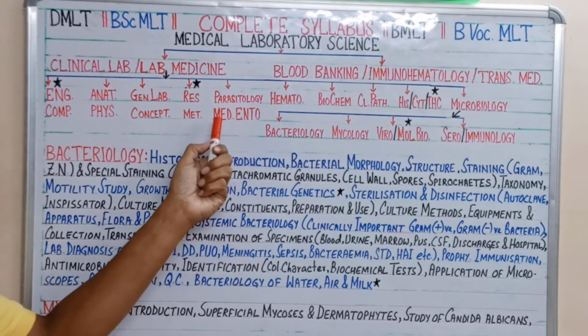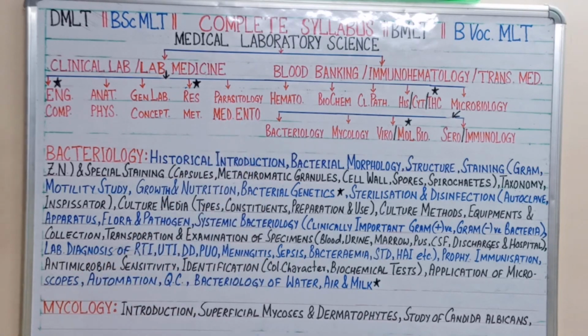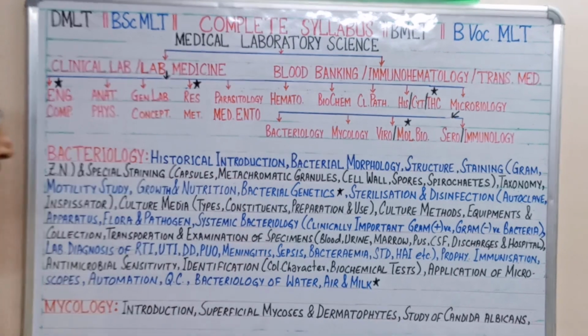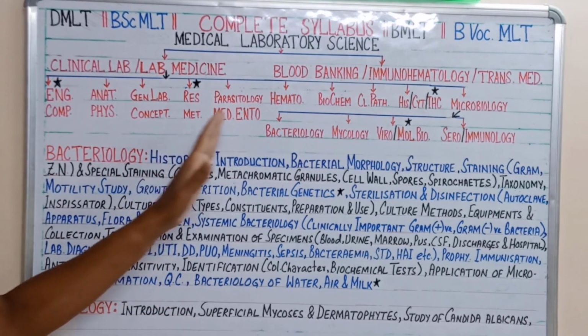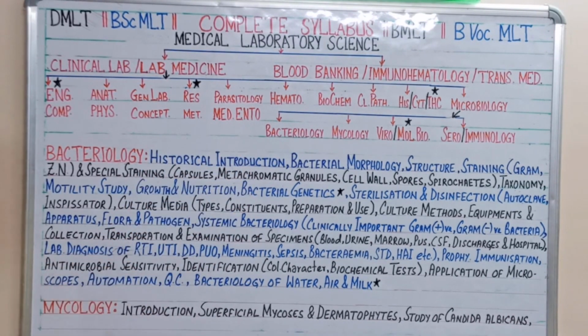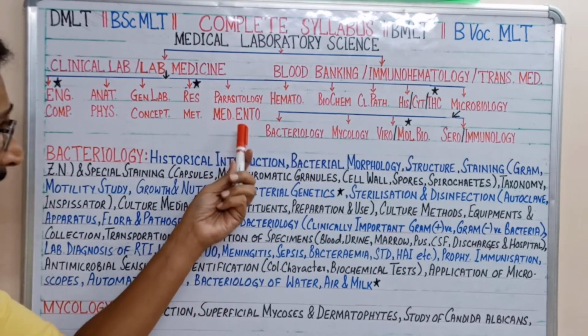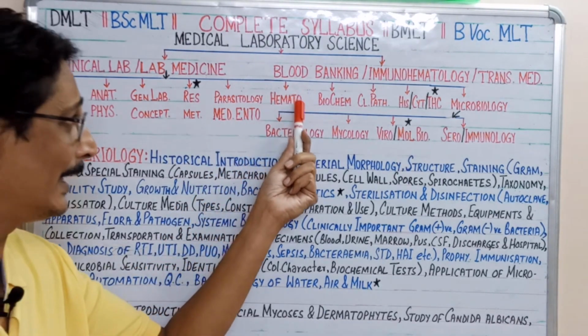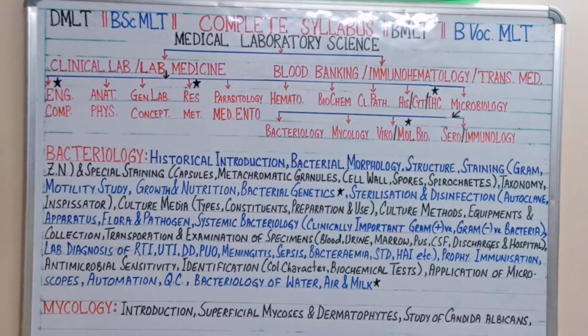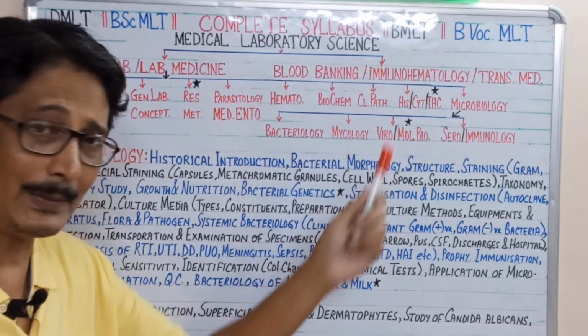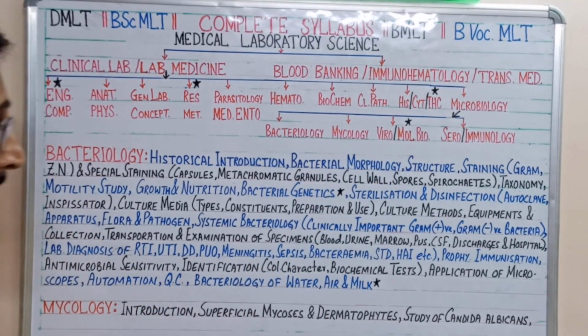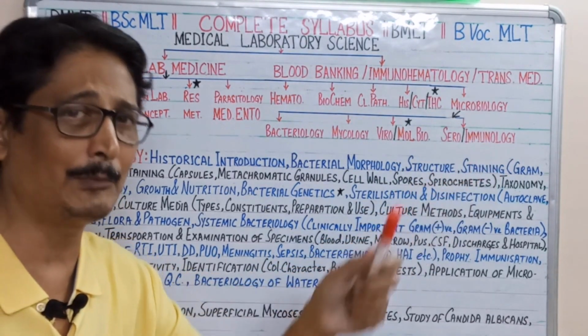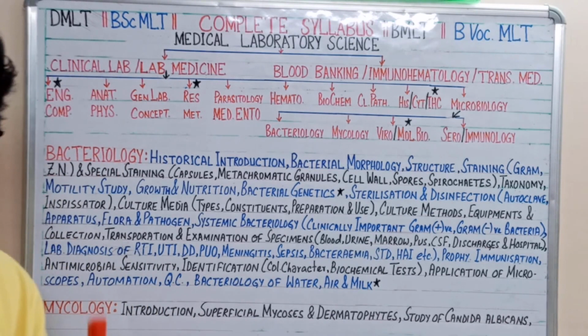In parasitology, that is medical entomology, the subject is mainly theoretical, but it has application in the hematology section, that is the study of blood, in the clinical pathology section, that is urine, stool or sputum, and mainly in the immunology section, where we study antigen and antibody.